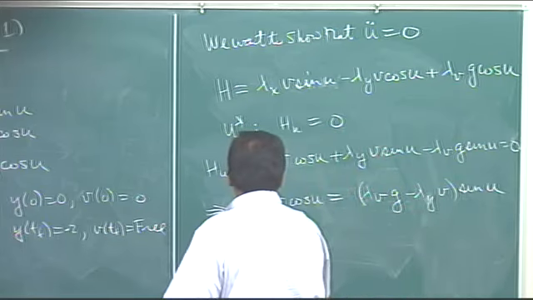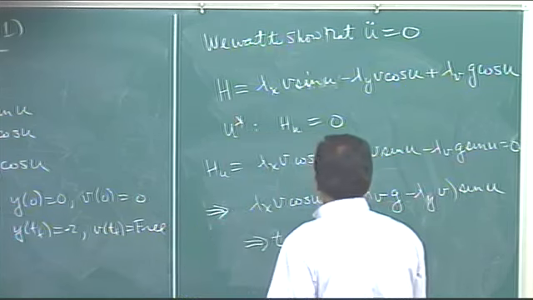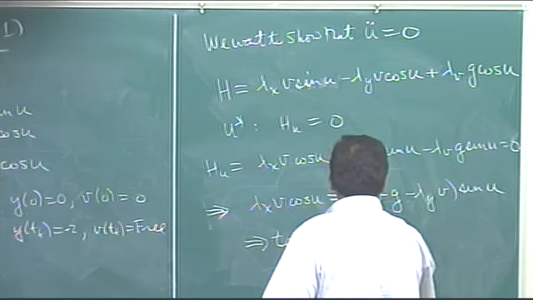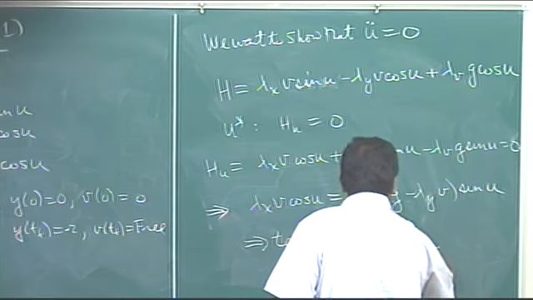What I did was keep this term on this side and take the other to the other side. So this tells me that the tangent of u, sine over cosine, is lambda x v all divided by lambda v g minus lambda y times v.